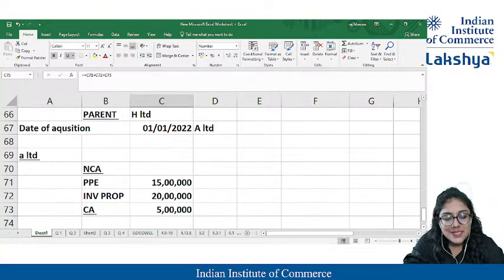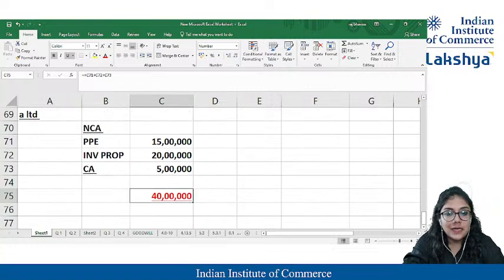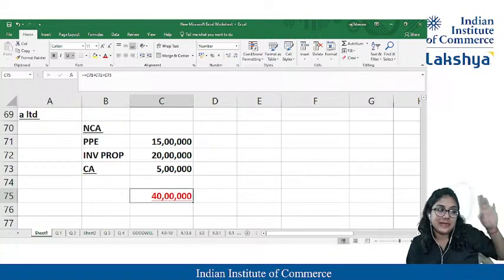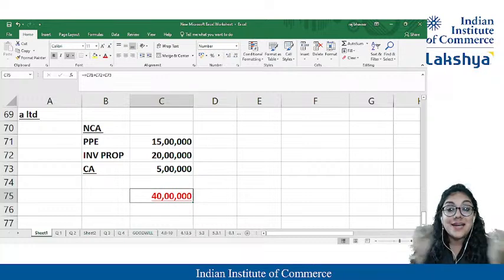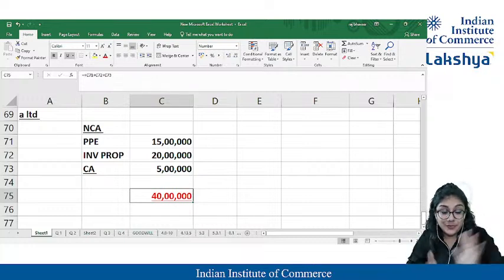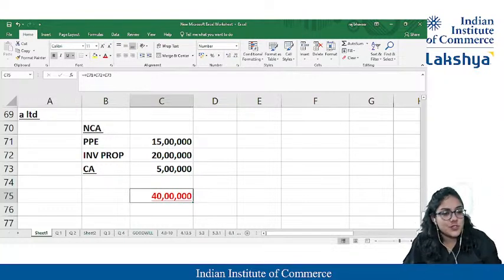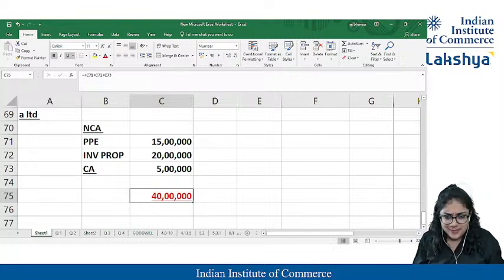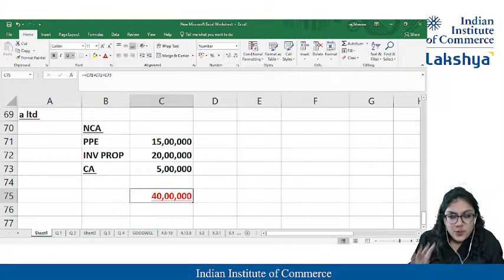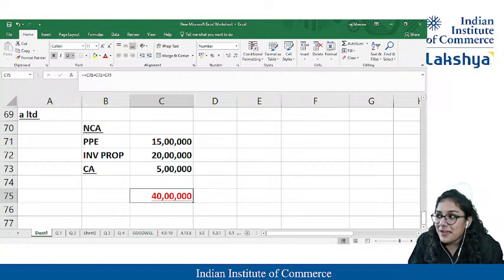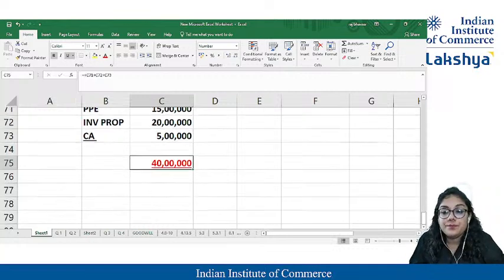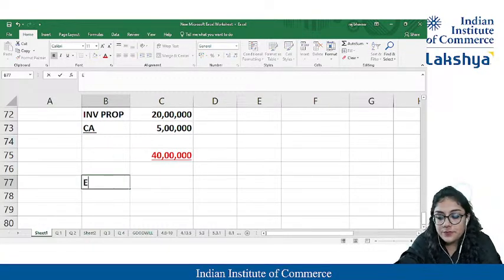Then, is it just for the assets you are going to pay? If the assets of A Limited are 40 lakhs, and we are H Limited, the parent, are you going to pay 40 lakhs? No, ma'am, we have to see what the liabilities are also.